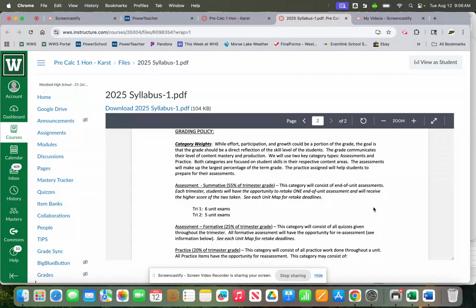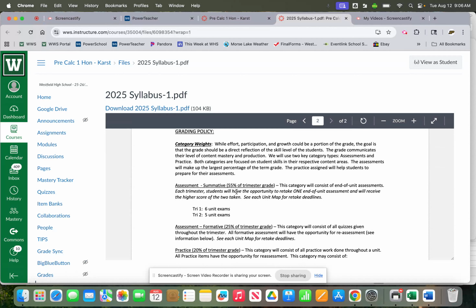In the trimester component of the grade, 55% of that grade is going to be made up of what we call summative exams. So these are the things that happen at the end of a unit. These are designed so that kids have multiple opportunities to learn.